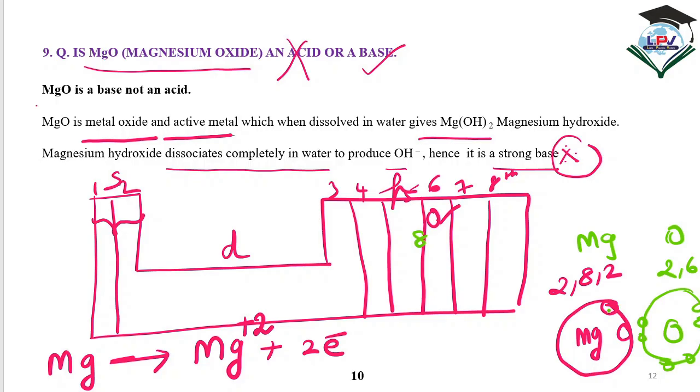So the electron from magnesium is transferred to oxygen.